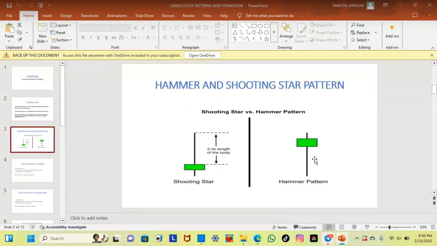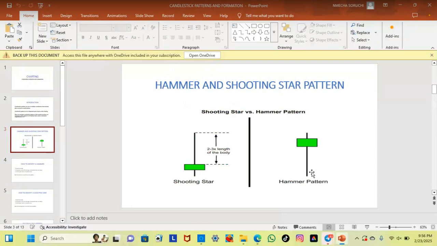You see that this lower wick is long. So for you to know that this is a hammer pattern, it must have a small real body, and secondly a long lower wick.